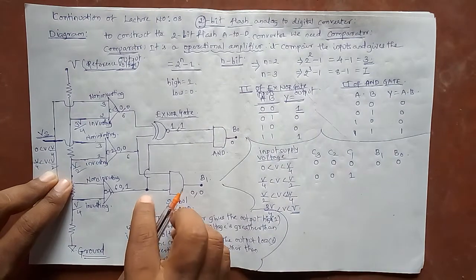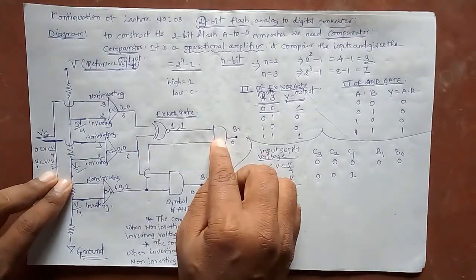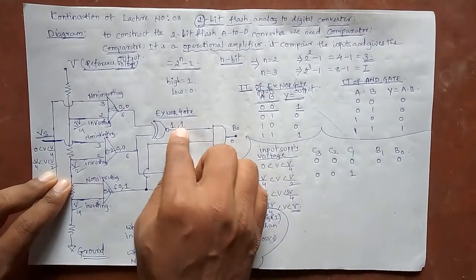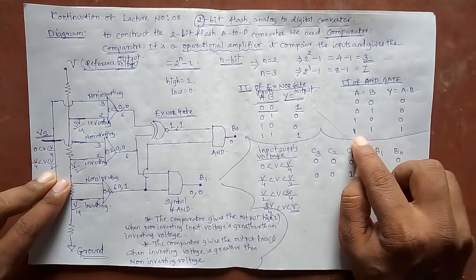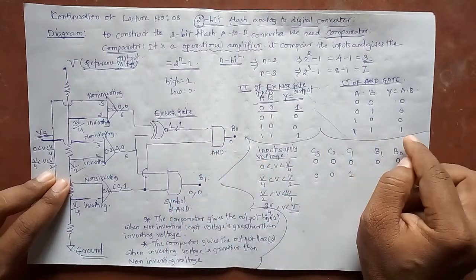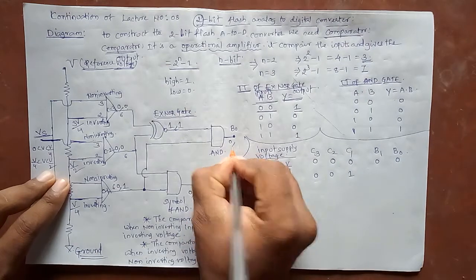And next, this input is given here, that is 1 is given here and already 1 is there. When 1 and 1 are given to the AND gate, the output is high, that is 1 here.